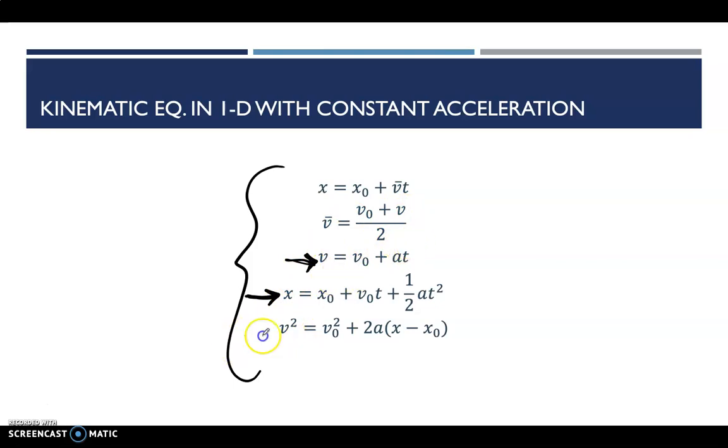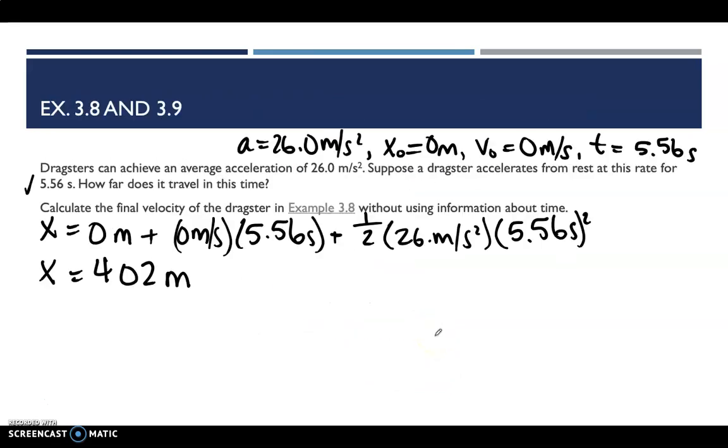This is the only one that we're going to be able to use for this problem: v squared equals v naught squared plus 2a delta x. So v squared equals v naught squared plus 2a times our change in position.